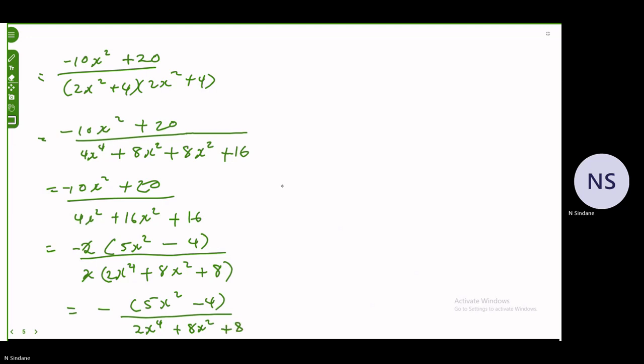Let's see if I can get another one, which is the last one for the day. y is equal to the square root of x divided by cos of x. In this case, the first thing is to change that: y is equal to x to the power half divided by cos of x.